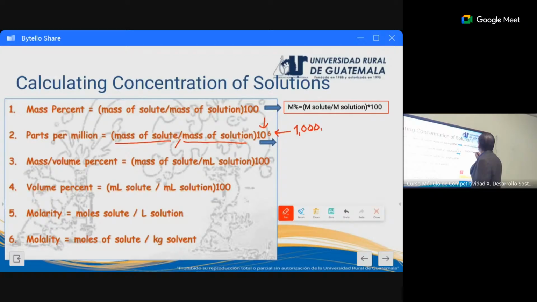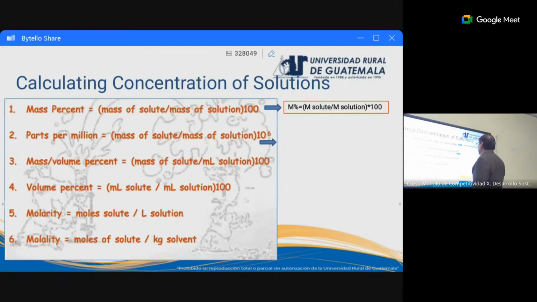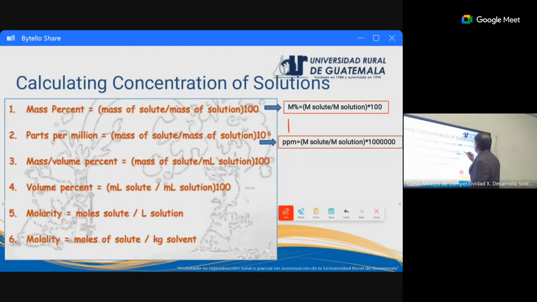It is equal to 10 power 6. So we're going to write these short notations here, like ppm, parts per million, equal to m solute divided by m solution and multiply by 10 power 6, that is the same as 1 million.